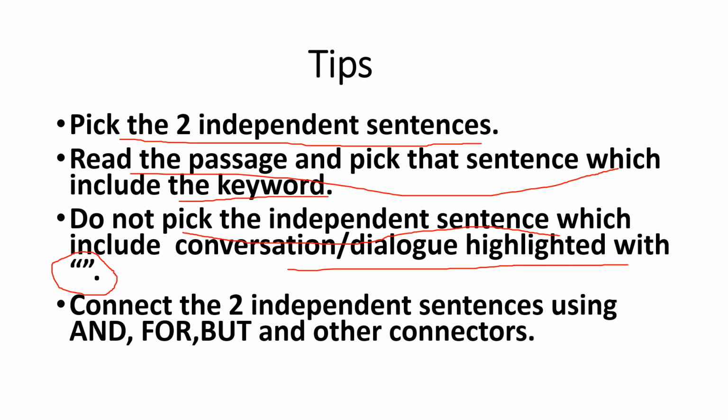So you have to be careful and find the correct independent sentence. And the last tip is, connect the two independent sentences using "and", "for", "but" and other connectors, which I will show you later in the example.